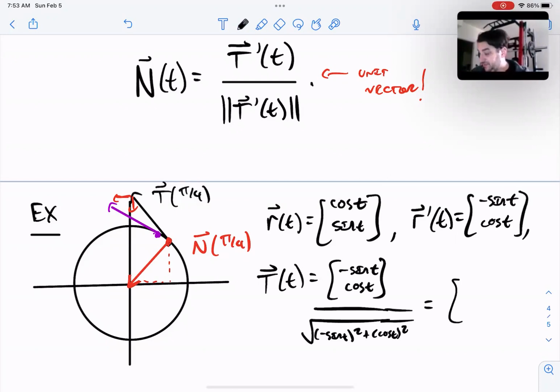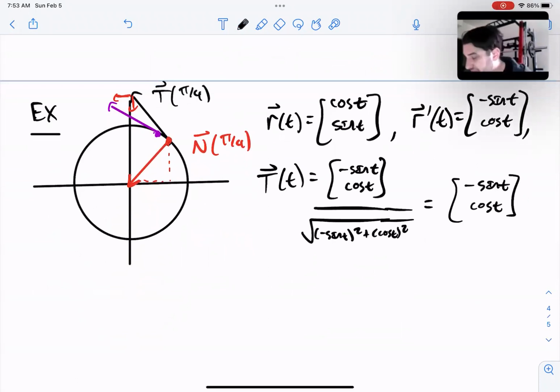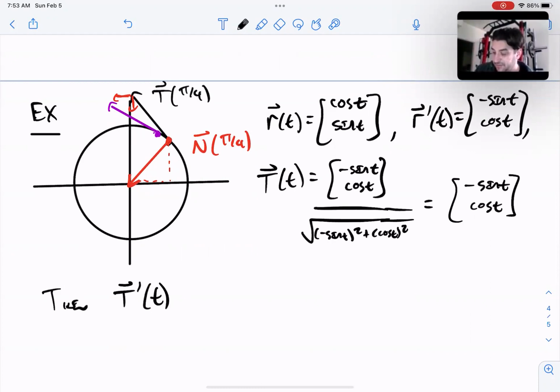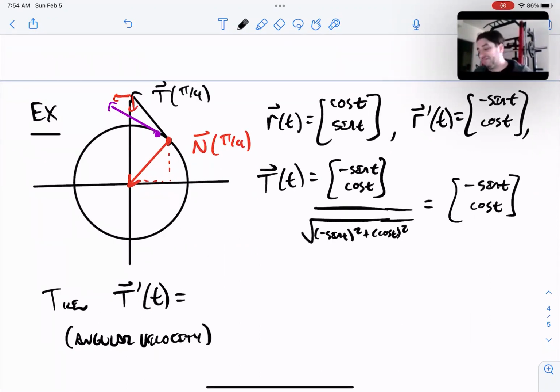But that speed was just 1. So in this case, tangent actually equaled velocity. Tangent vector equaled velocity vector. And then from here, we could take T prime, which sometimes, by the way, is called angular velocity. We're not going to focus too much on that here, but you might hear that in physics sometimes.